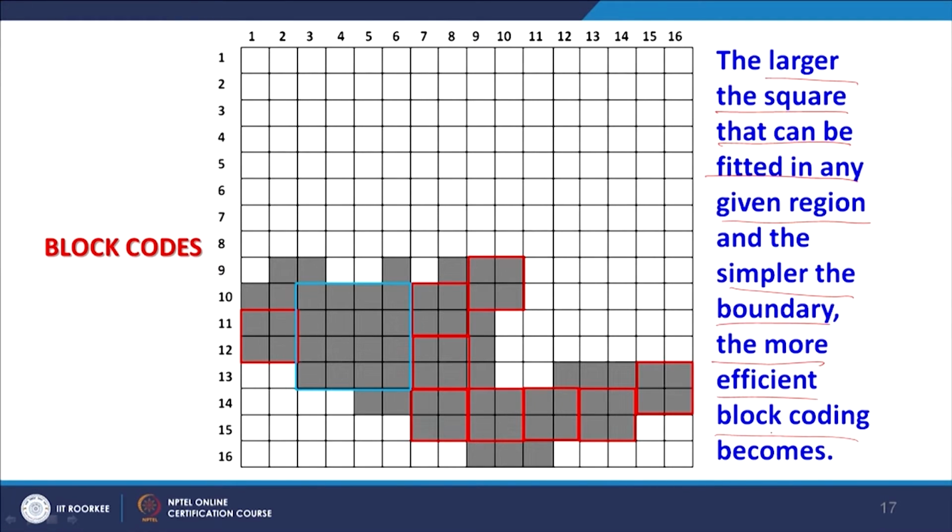So, if we want to achieve better compression, then two conditions are there: this coding should be able to create large blocks, and the areas being coded should be simpler.